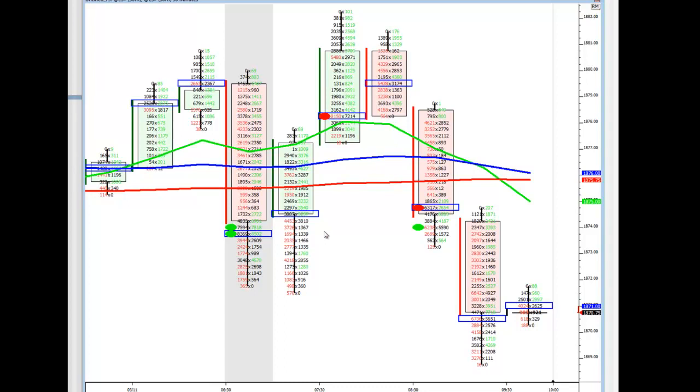So in this case, I took the profile off the chart just to show you how the KVT alone could help us in making those types of determinations and detecting the direction of the market. Notice here I have a red dot, and here I have a green.